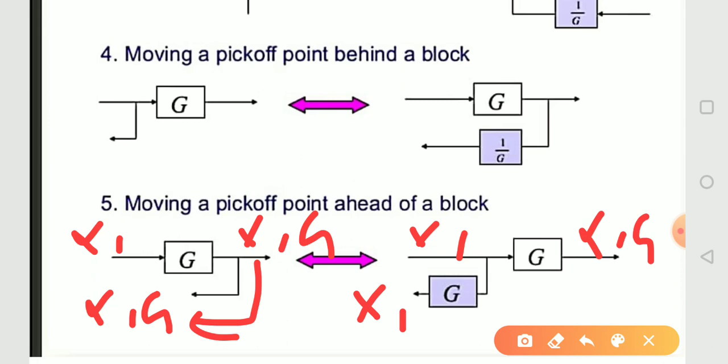By this we can feed back the same signal x1 into G from here and x1 into G from here.